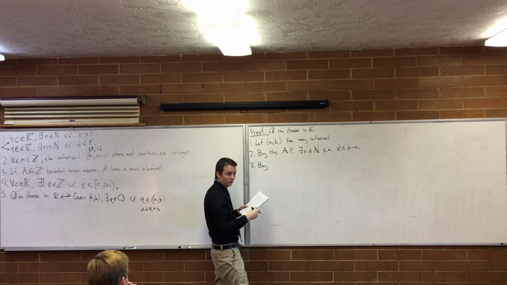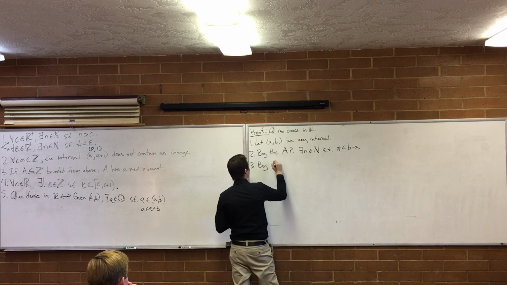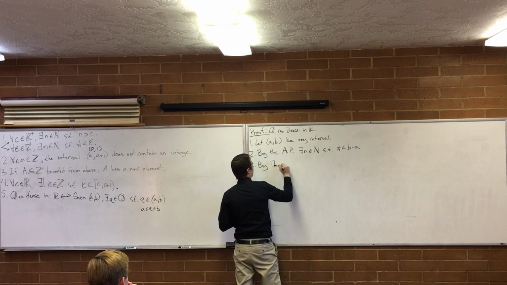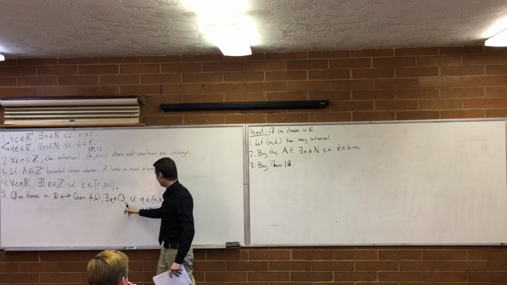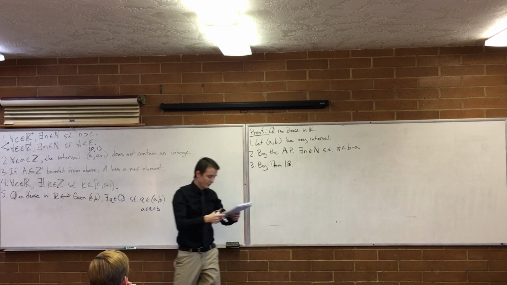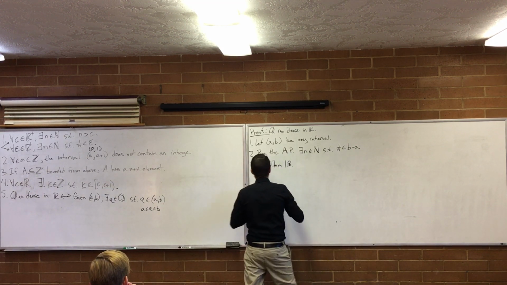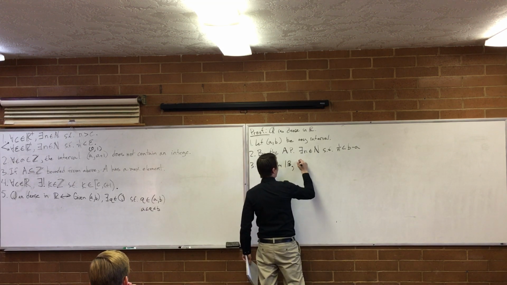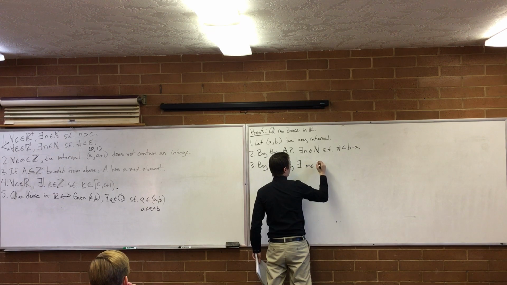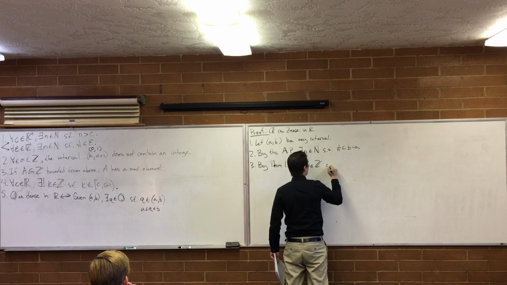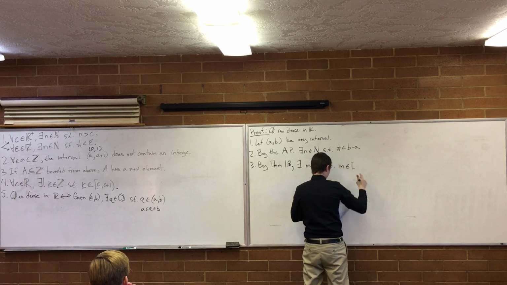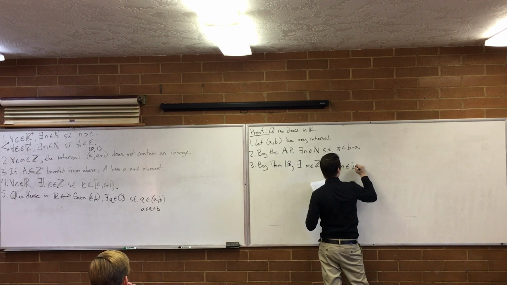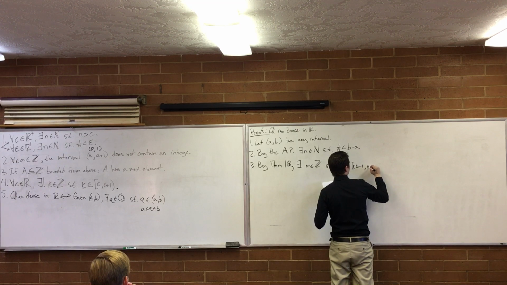By our last theorem, the one I just erased, which was theorem 1a, there exists an integer, I'll call it m this time, such that m is in the interval from n times b minus 1 to n times b.